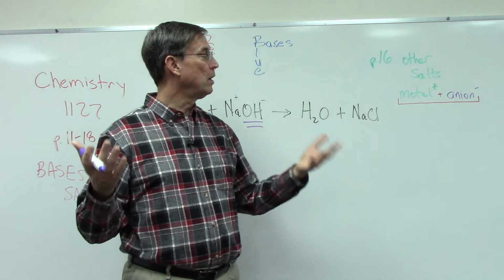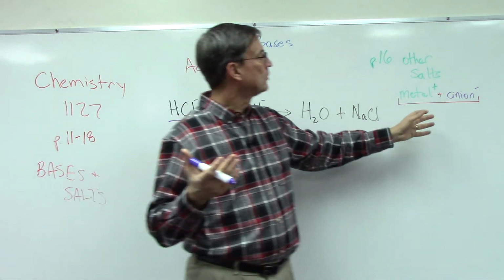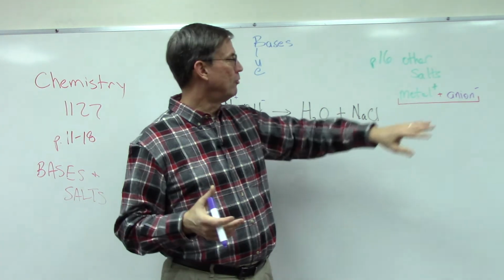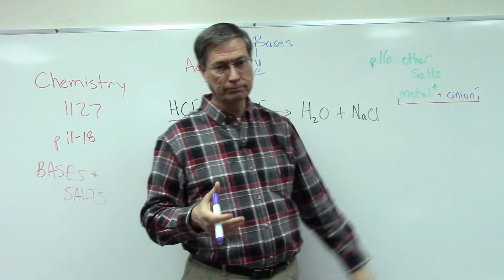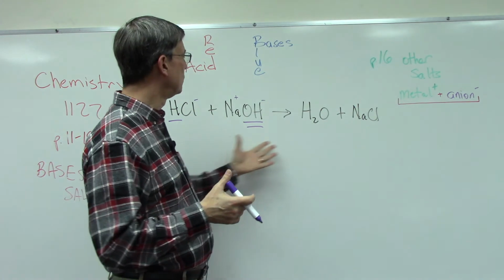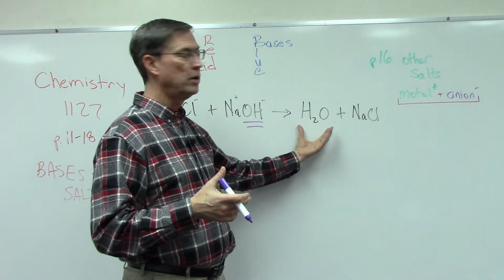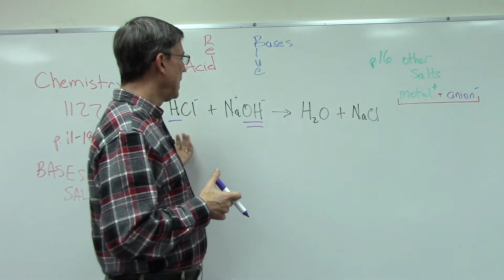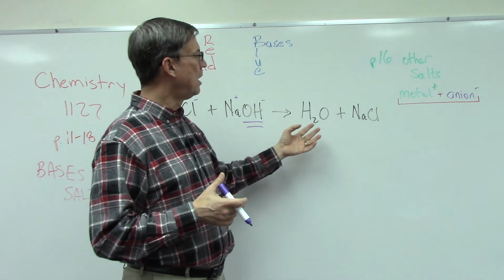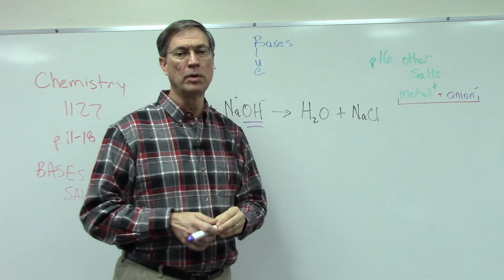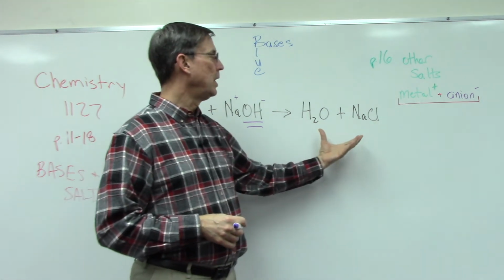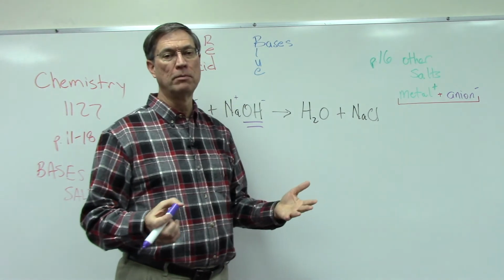When you put a metal and an anion together, that forms a salt. And a lot of reactions will also form water as the other product. In a reaction like this, where an acid plus a base become water and a salt, we call that a neutralization. Both of these have been neutralized, and we have neutral salt mixed in with water.